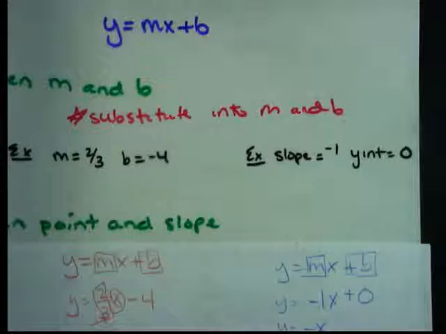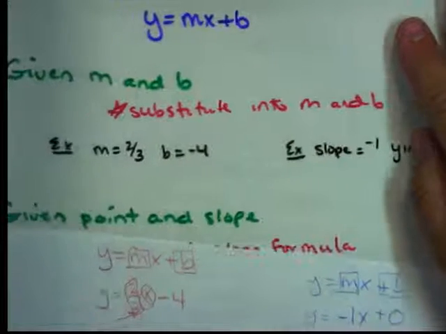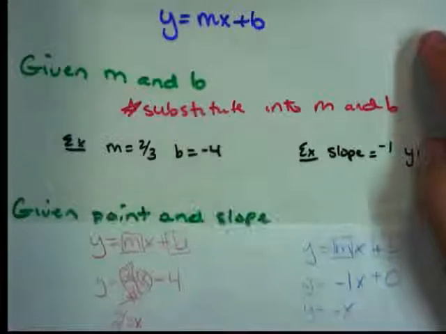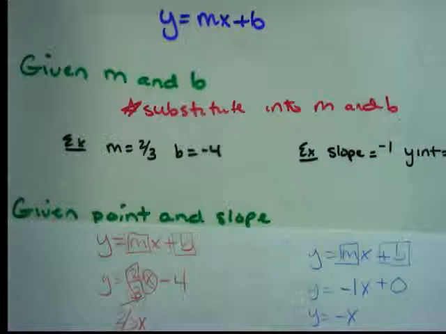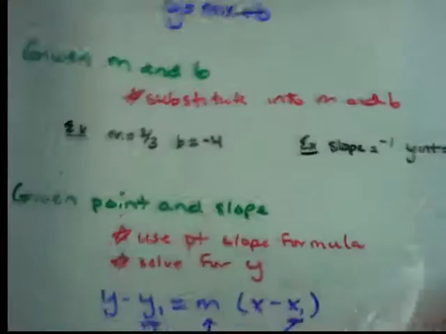In the next one, you're going to be given a point and a slope. When you are given a point and a slope, we're going to be using the point-slope formula.